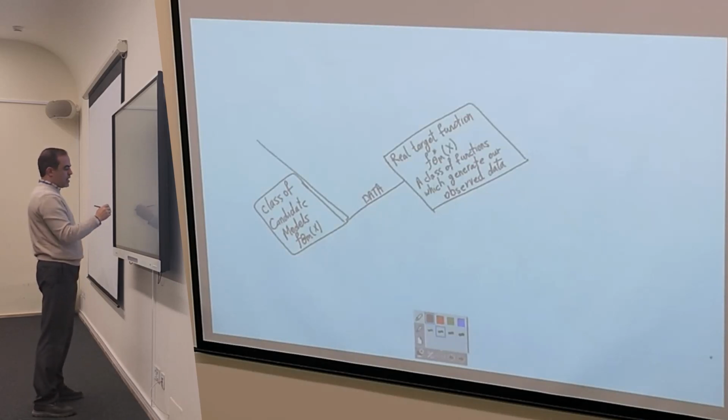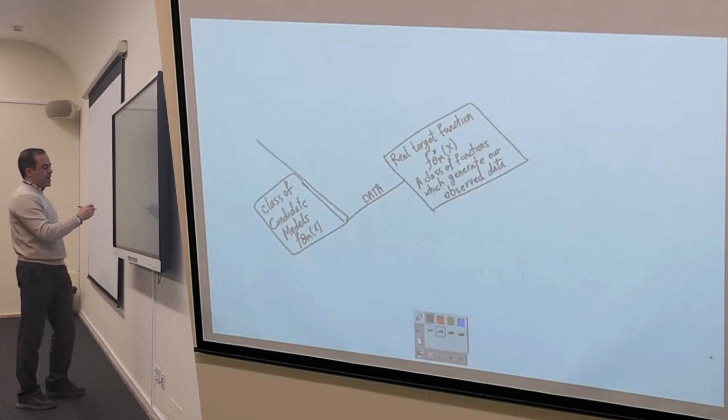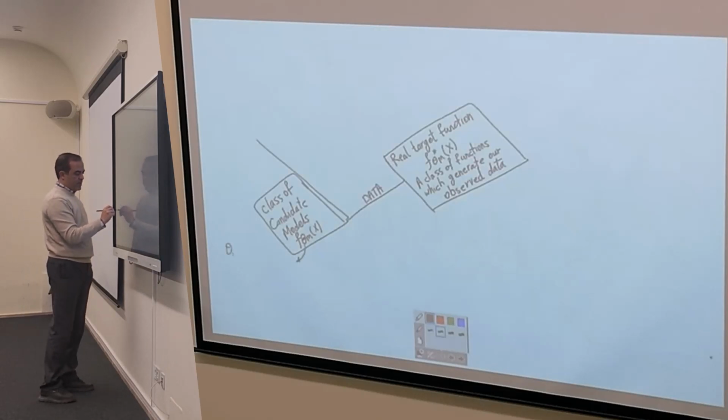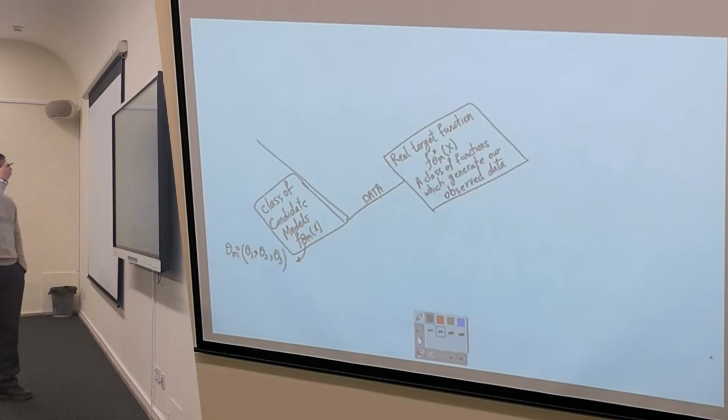So I can consider, for example, three parameters for this theta m as theta 1, theta 2, and theta 3. So let's consider only three parameters that I want to estimate to have my model.